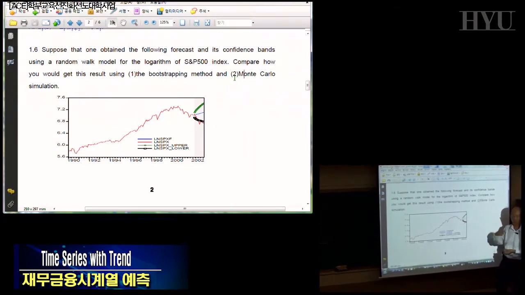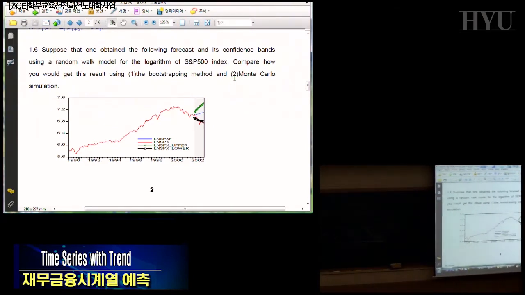Or using Monte Carlo, well, when you have fitted residual, you may assume that that residual is distributed normal. So let's say you assume normal distribution, and then fitted residual, you can calculate mean, probably 0, and you can calculate sigma squared from fitted residual, right? Then you can always draw numbers from normal distribution with mean 0, variance sigma squared.